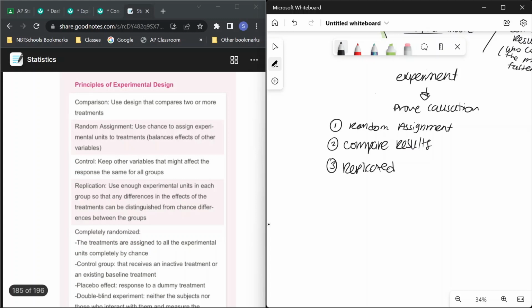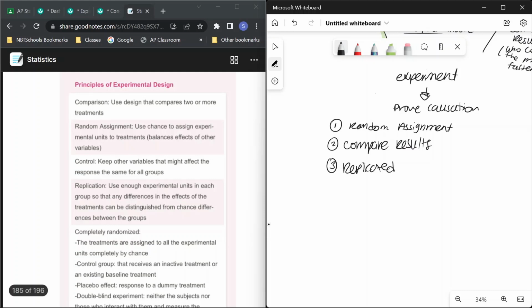As long as you have a sample size greater than like 10% of the population, sometimes, depending, there's a better chance your results are more accurate.